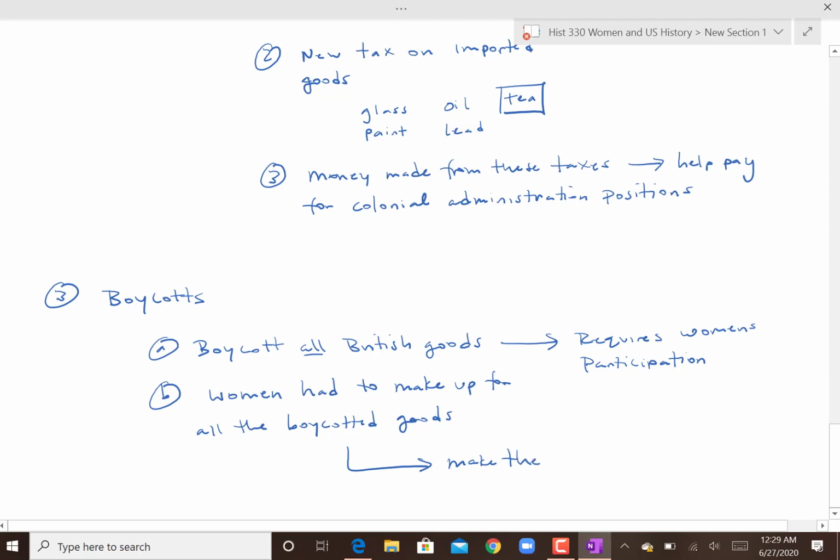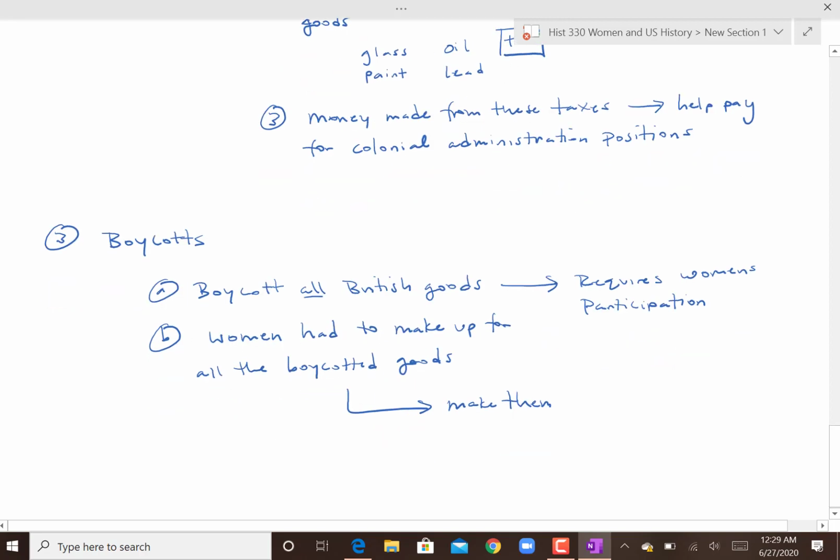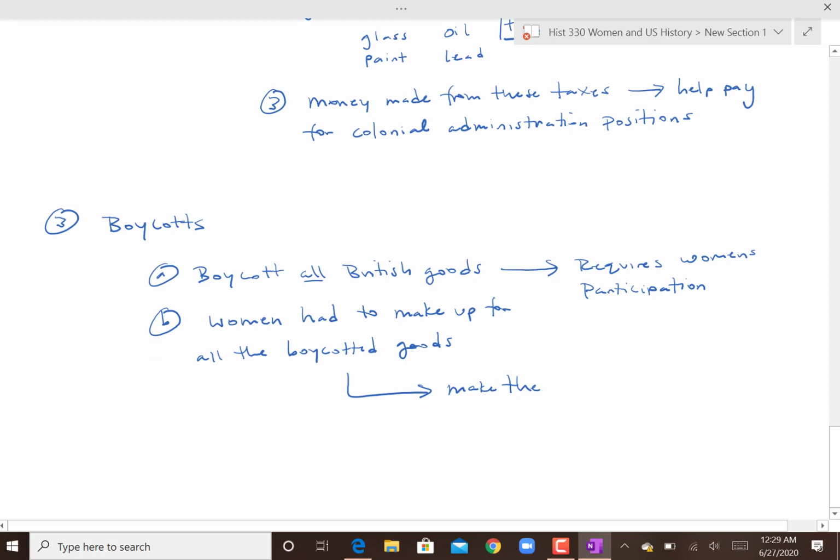They were going to have to make them, right? So this means, like, you want clothing, right? You're going to have to spin and weave that again. Now, we saw with A Midwife's Tale, right? You had the loom and the homespun goods.